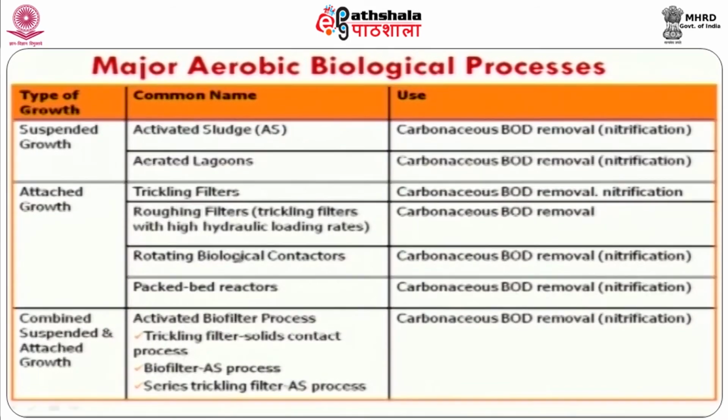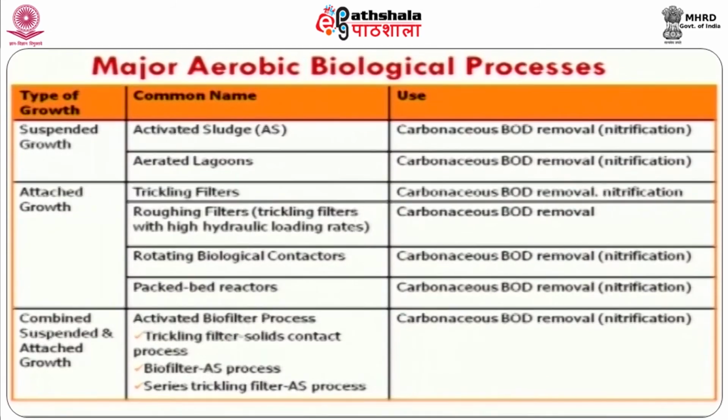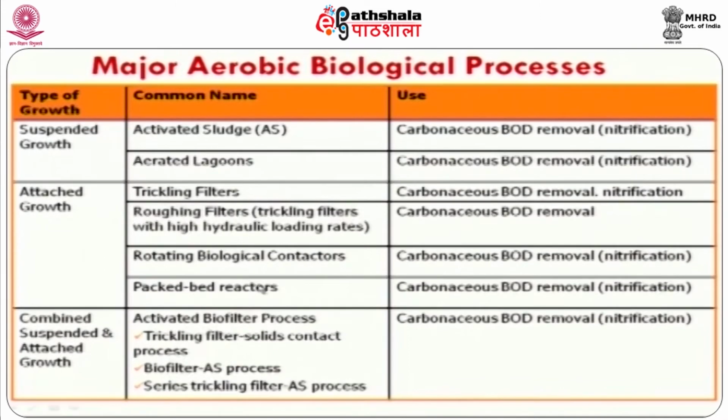Another reactor we have is the rotating biological contactor. Here the microbial community is immobilized on the surface of a solid disc that is rotated with the aid of an electric motor. Here the media is in a dynamic state, but in a trickling filter the media is stationary. Another kind of reactor is the packed bed reactor, which can be operated in an upflow or downflow manner.